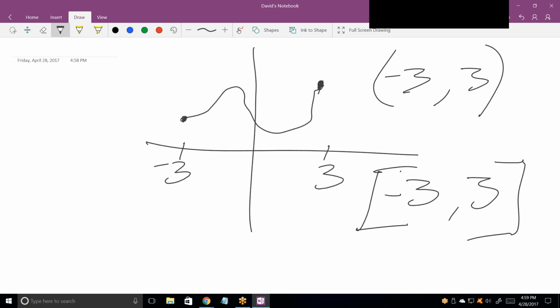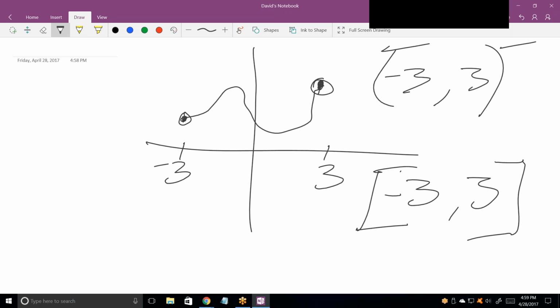My curve, -3 is okay, +3 is okay. If I wanted it to be an open circle, then I would use parentheses. So if the -3 was an open circle and the +3 was a closed circle, it would be parentheses -3, comma 3 bracket.